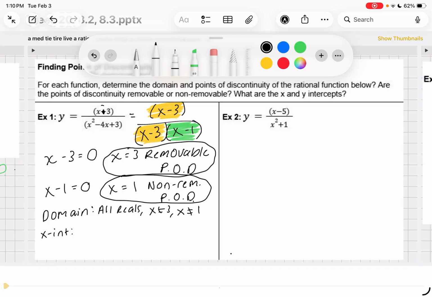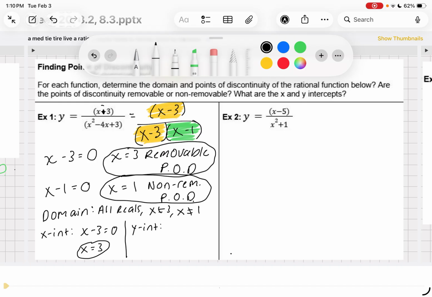And then my x-intercepts, okay? To find my x-intercepts, all I'm going to do is set my numerator equal to 0. So I'm going to have x minus 3 equals 0, so that means my x-intercept is going to be at 3. And then for my y-intercept, I'm going to make all the x's zeros.